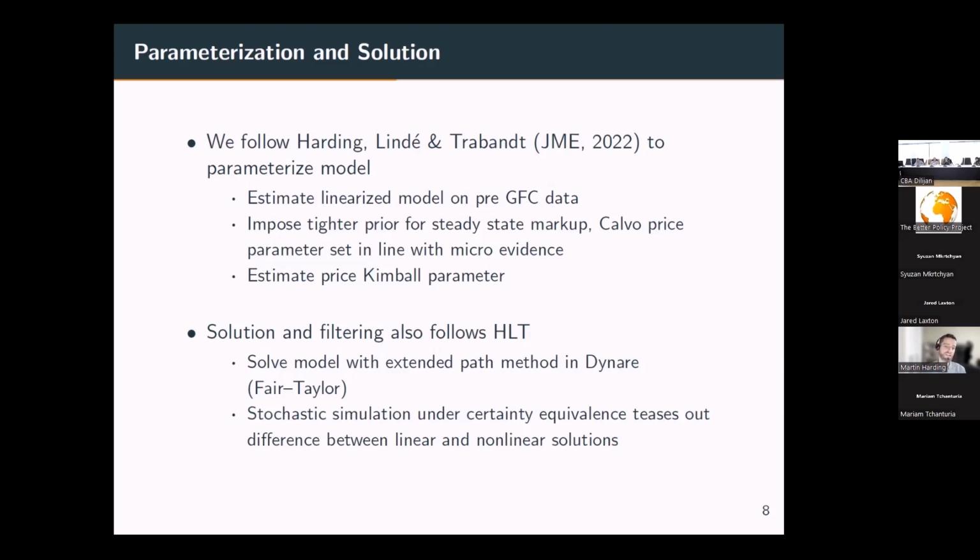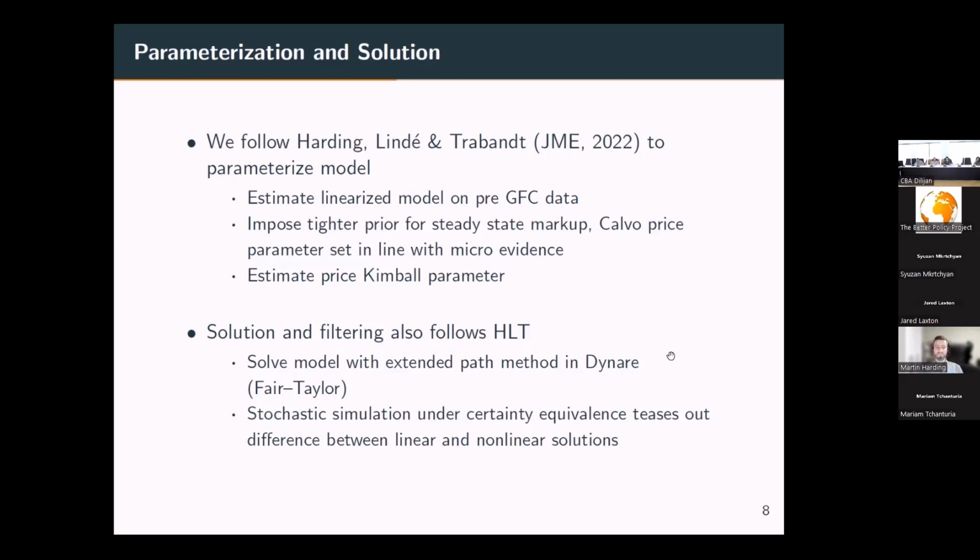Smets and Wouters calibrate the Kimball parameter to a value of 10, and we get an elasticity value of 65. So again, to summarize, we achieve a lower markup in line with empirical evidence, and a higher Kimball curvature parameter, which essentially gives a more prominent role to the Kimball state-dependent demand, which is going to be key for our results.